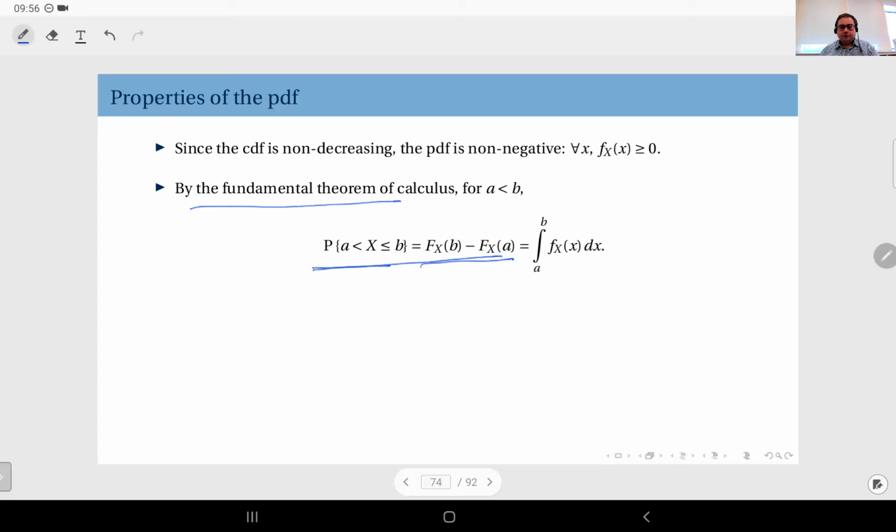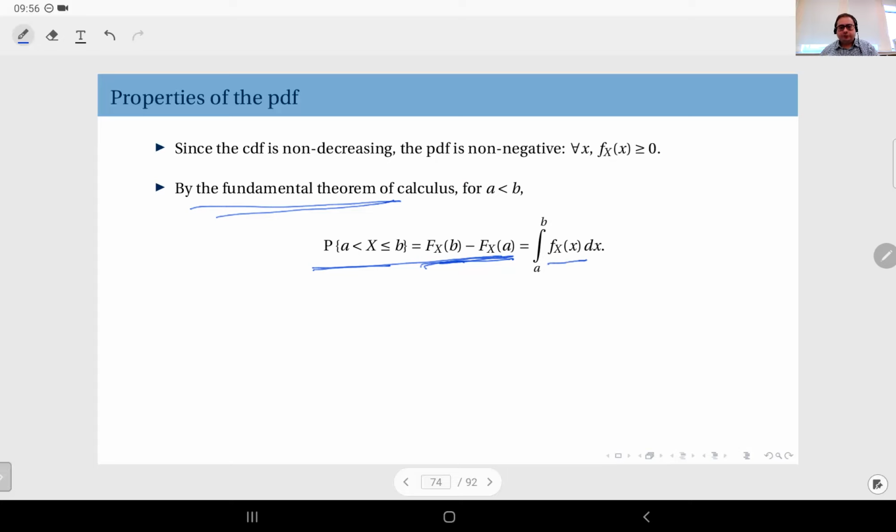And using the definition of the PDF and the fundamental theorem of calculus, since the PDF is defined as the derivative of the CDF, we can write this difference as the integral from a to b of the PDF.